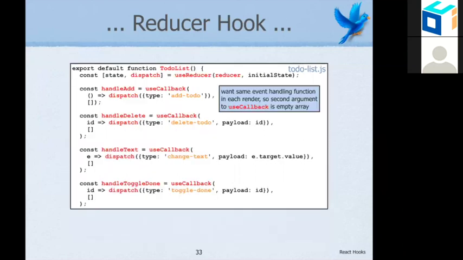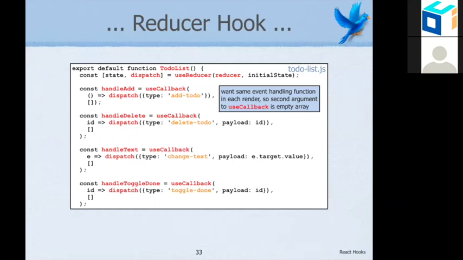Then in the component itself, I'm calling useReducer, and I pass to it the reducer that we saw in the previous slide and the initial state that you saw 2 slides back. That gives me the current state and a dispatch function. And then I'm setting up all of my event handling. So if you try to add a new to-do, I want to dispatch an action with a type of add to-do.